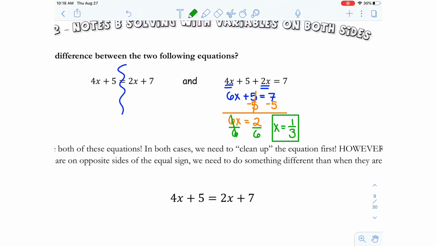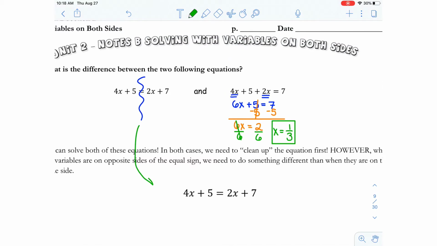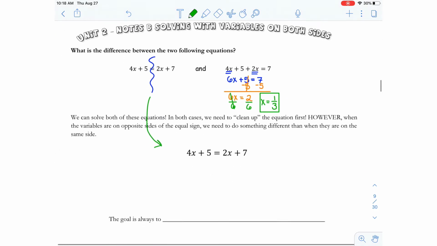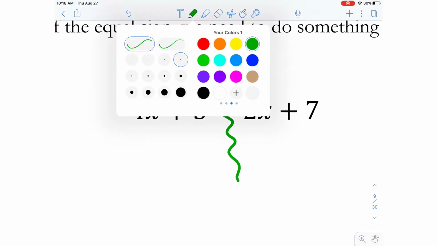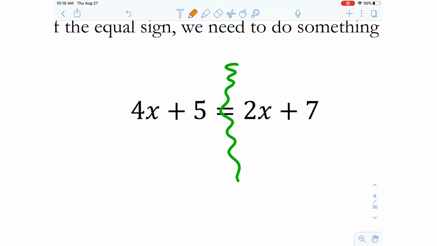If I have variables on opposite sides, then the math becomes a little bit different. So we're going to solve this problem down here. We need to clean up the equation by combining my variables. But when they're on the opposite side of the equal sign, to combine them, I need to actually subtract over the variable to the other side. So in order to move the 2x, which is positive, over to the other side, I'm actually going to subtract it over.